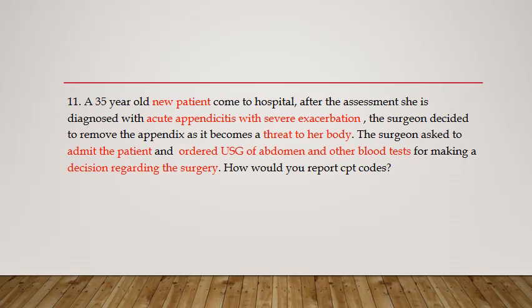So when you get a question, go and open your MDM table, then identify the problem given in the question. The problem is acute appendicitis with a severe exacerbation, and that becomes a threat to her body. So this condition comes under which category? One acute illness or injury that becomes life threatening or a threat to bodily function.